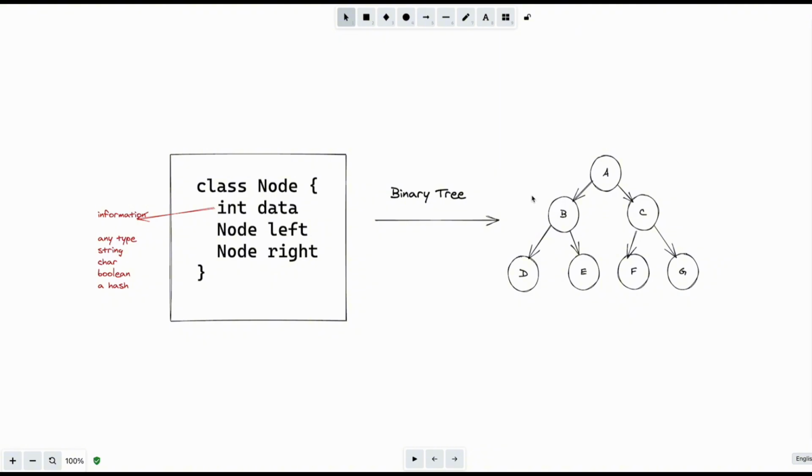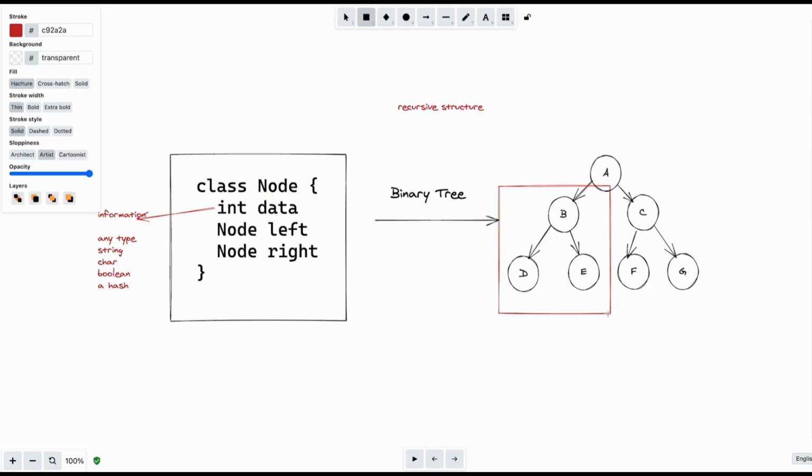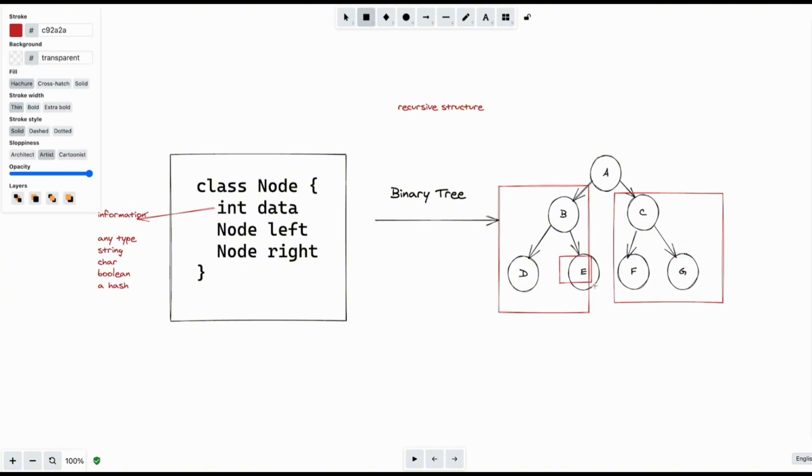A tree is a recursive structure. So what does it mean? Its children always have the same exact structure as its parent. Here, here, here, here, here, they all have the same structure.